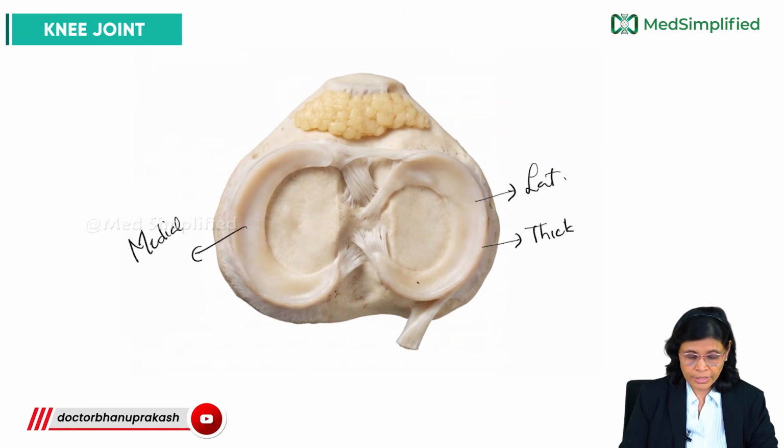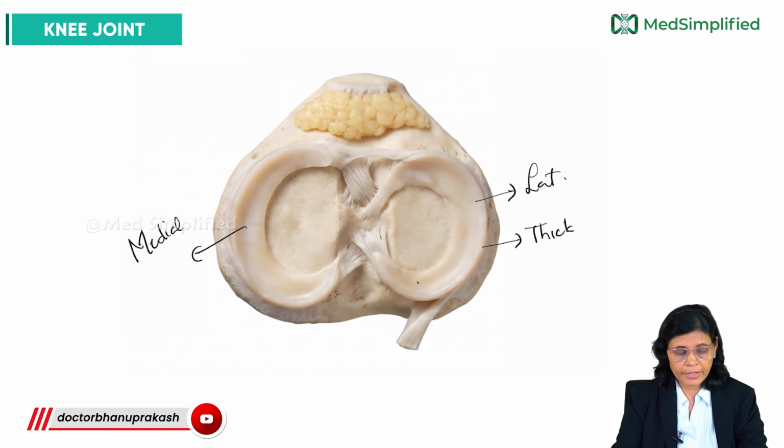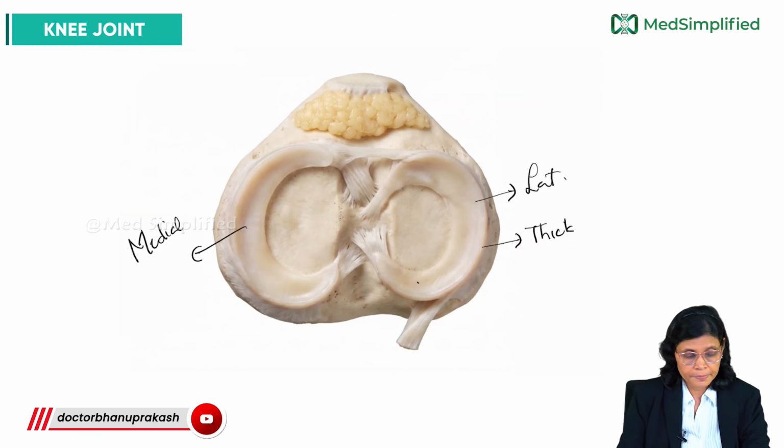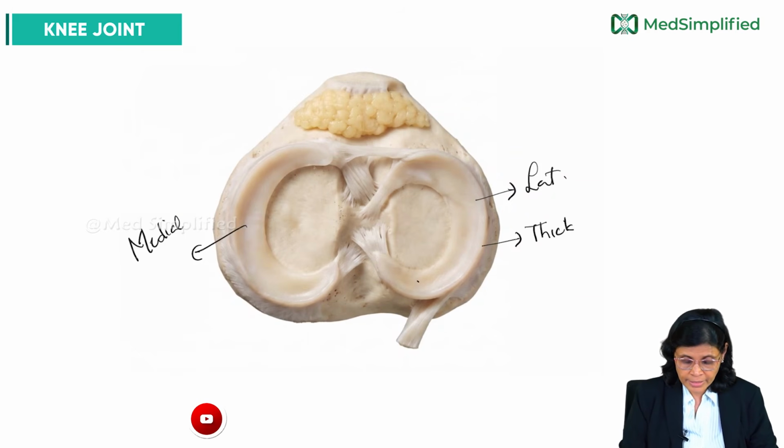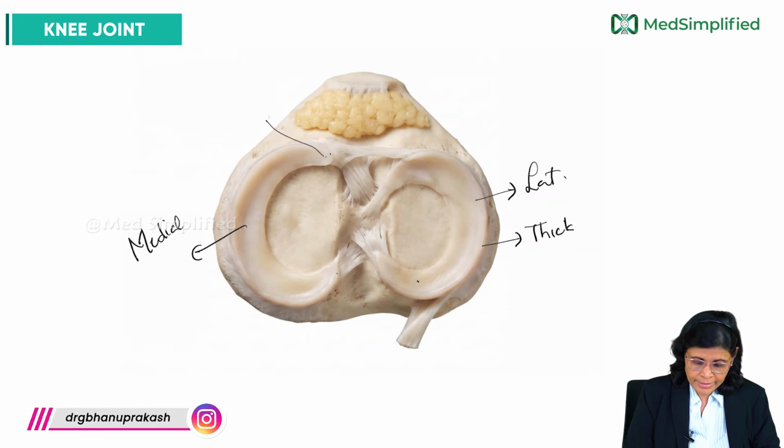Flexion and extension usually take place in the upper compartment, whereas rotation of the knee occurs in the lower compartment. Each of these menisci has two ends, an anterior end and a posterior end.